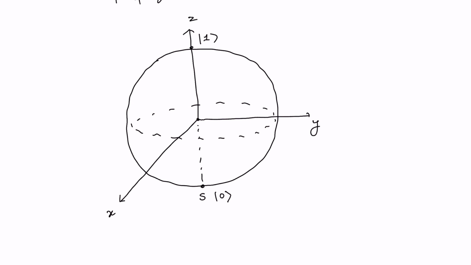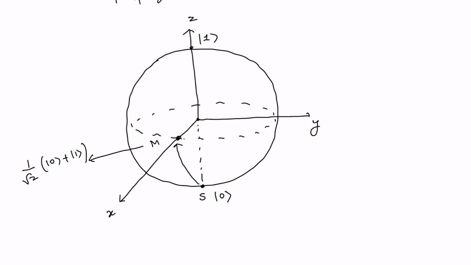For example, if I take |0> from this point S to another point, say M, on the Bloch sphere, M is placed at the equatorial plane, where the x-axis cuts the equatorial plane at this point. We know from the earlier lecture that this point M is basically the superposition of |0> and |1>.